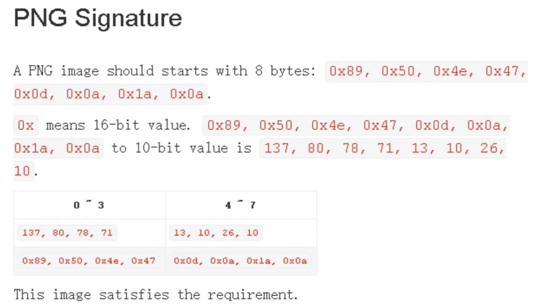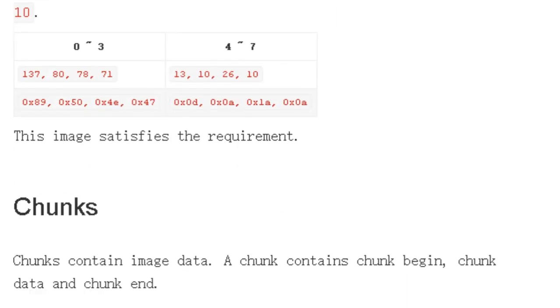And it's just doing a recap of what I just explained earlier. So we have the bytes 0 to 3 and 4 through 7 are 137, 80, 78, 71, 13, 10, 26, and 10, and the corresponding hex is listed below. This image satisfies the requirement. So the image has a valid PNG header. And since it has a valid PNG header, we can go ahead and try to get out the chunks.